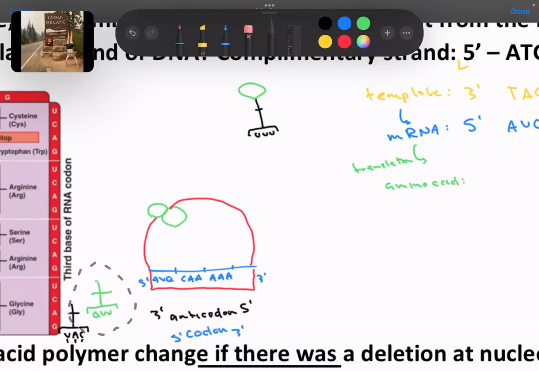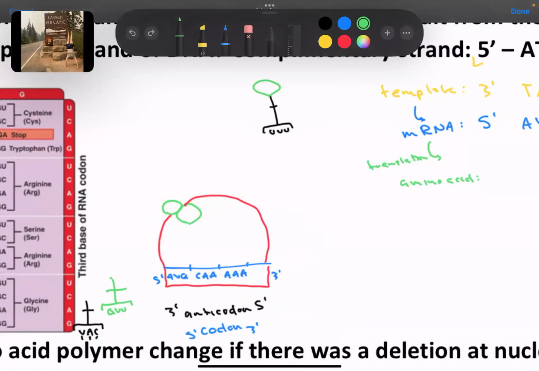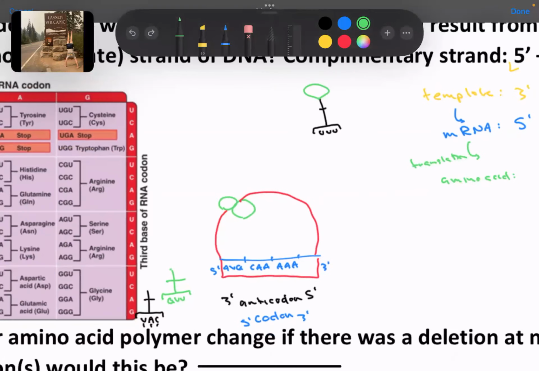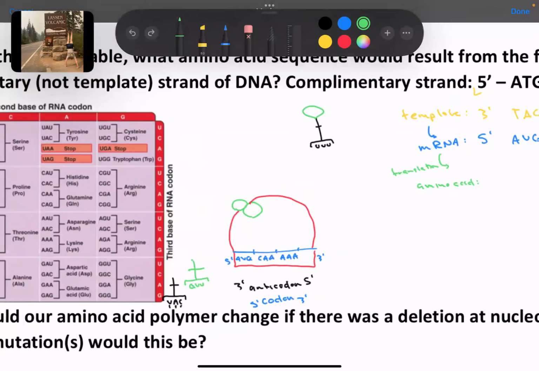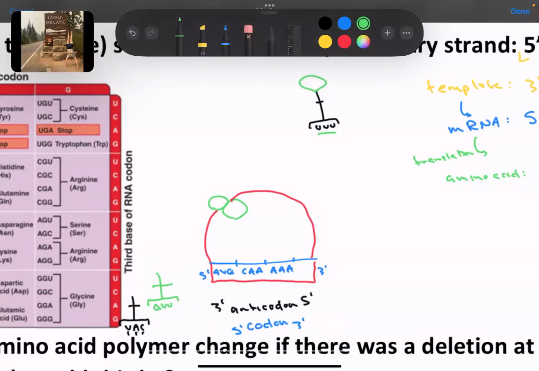And as you see, the more and more this happens, we're going to be lengthening and lengthening this chain of amino acids. And what is actually going on is that these amino acids aren't just green balls, they are really complicated molecules. And every anticodon is specific to a particular amino acid.